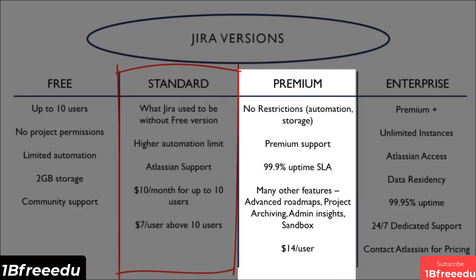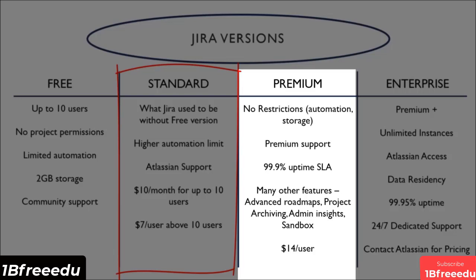The premium version has no restrictions on automation or storage. Well, there kind of is a restriction with automation, but it is so large that it's pretty much unlimited. They guarantee 99.9% uptime, offer premium support, and they have also included a bunch of other features such as advanced roadmaps for project planning, admin insights, a cloud sandbox environment for you to test your Jira config changes, many things like that.